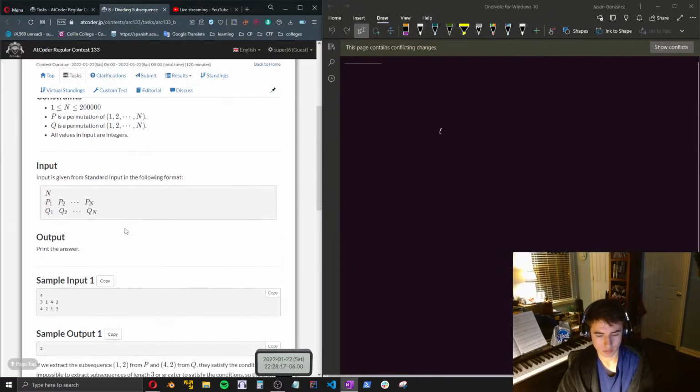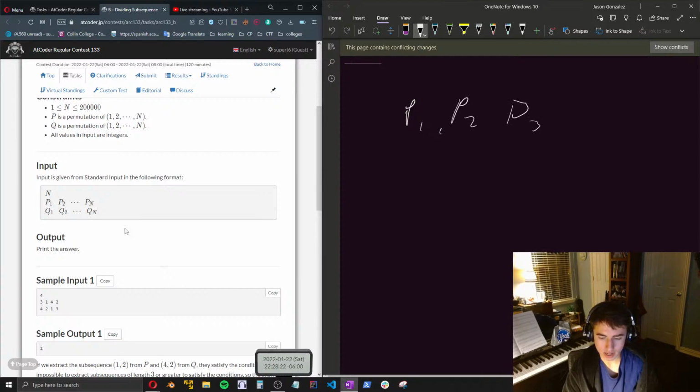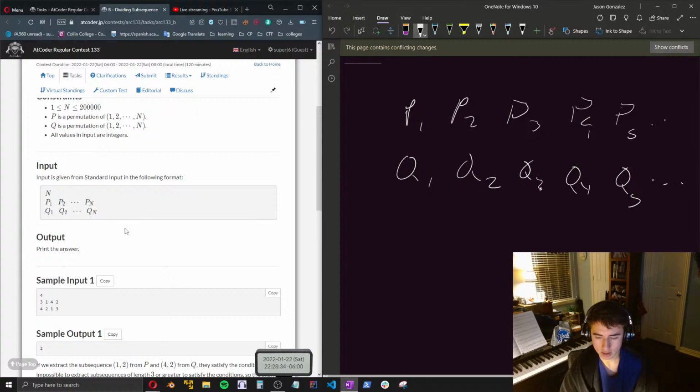So we have P1, P2, P3, P4, P5, etc. And we'll have Q1, Q2, Q3, Q5, etc. And basically, let's say a possible subsequence: Q2 is a multiple of P1, and then Q3 is a multiple of P4, and Q5 is a multiple of P4.